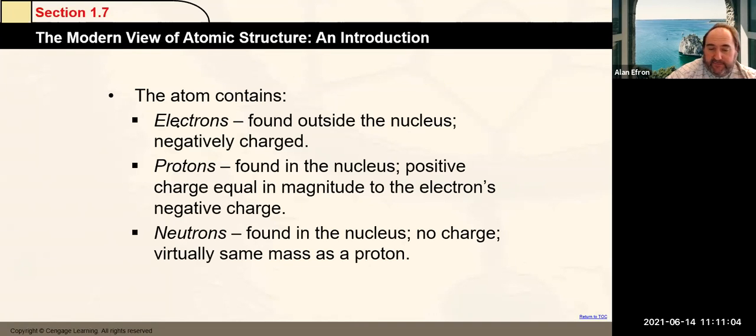Again, you do need to know the modern version of the atom: electrons in that empty space moving around randomly outside the nucleus, and protons and neutrons found in the nucleus. Protons have a +1 charge, electrons a -1 charge, and neutrons have no charge.